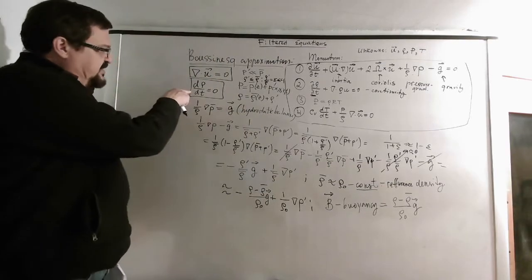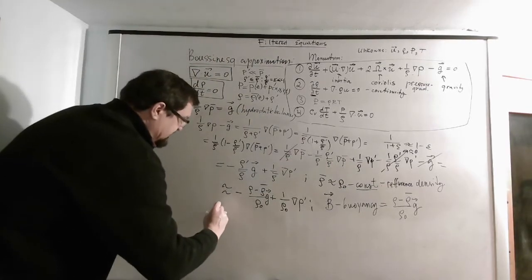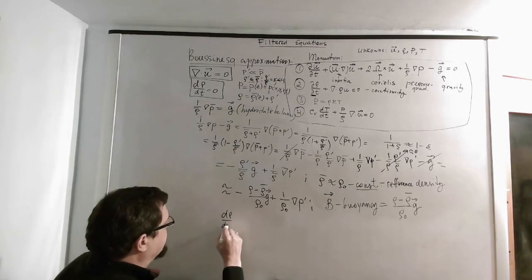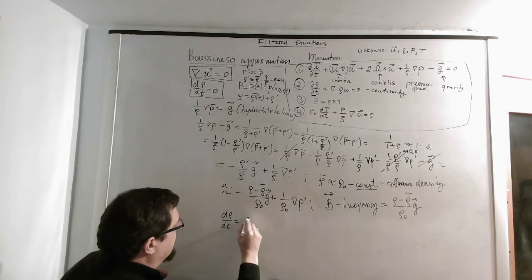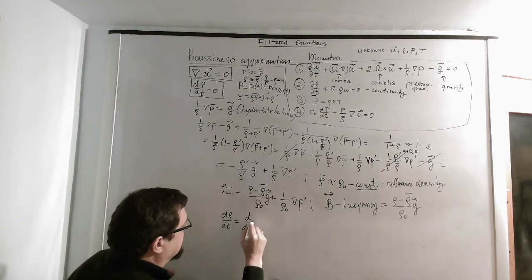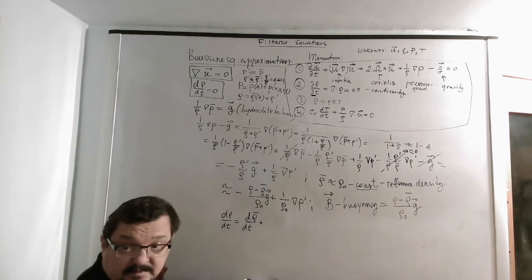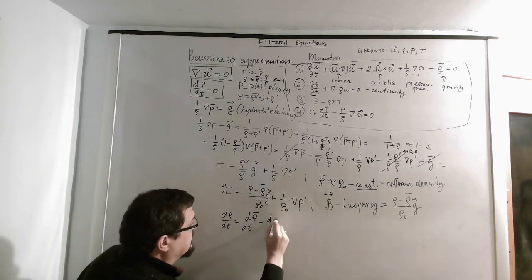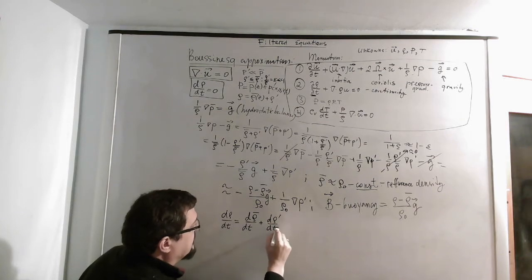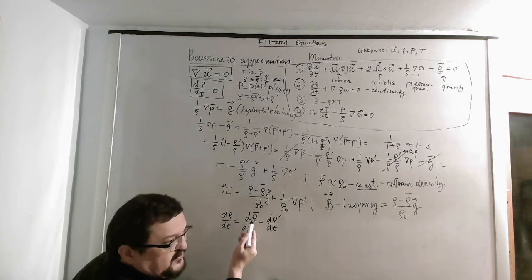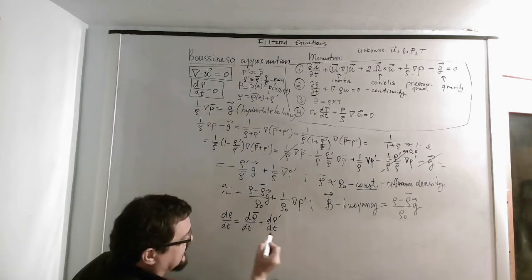And then this equation can be written as d rho dt equals d dt of rho bar plus d rho prime dt. Now rho bar is one and only function of z, of height.